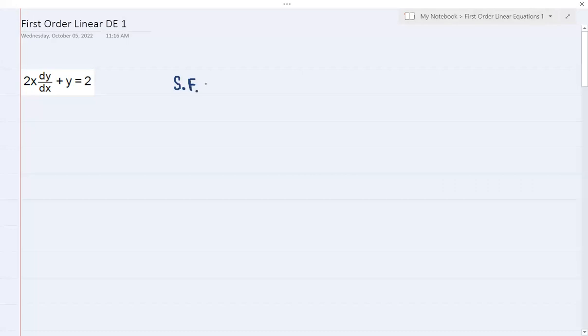So what would be the standard form for the first order linear differential equation? The standard form is dy all over dx plus p of x times y is equal to q of x.